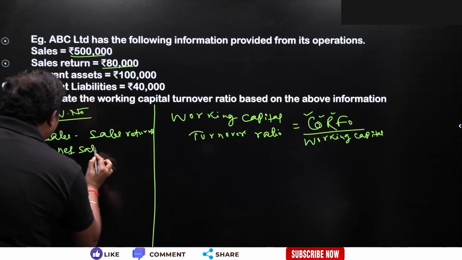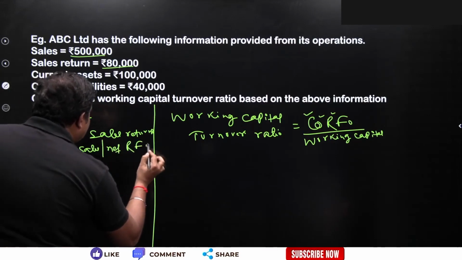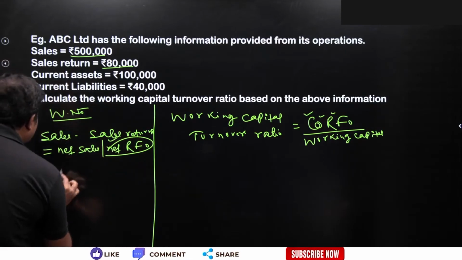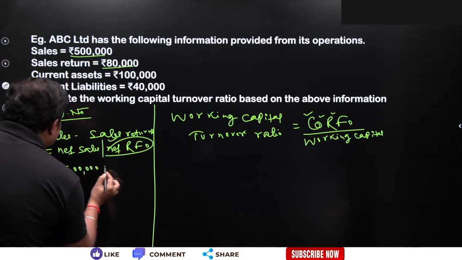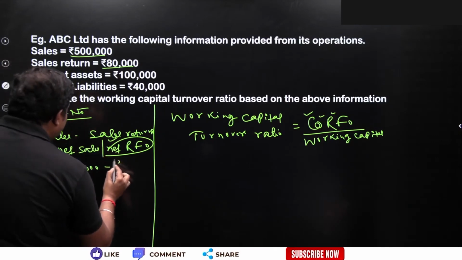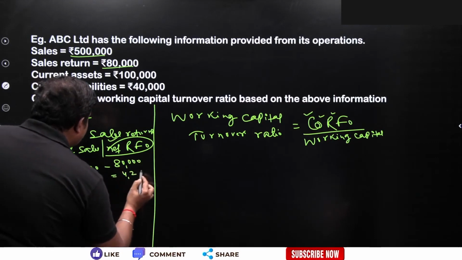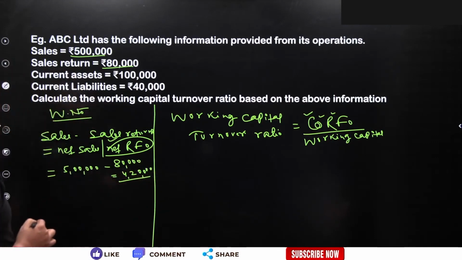Net sales, or we can also call it net revenue from operation, RFO. Here they have given you sales of 5 lakh and sales return of rupees 80,000. Then the difference would be 4,20,000, and this is the true value of your net revenue from operation.